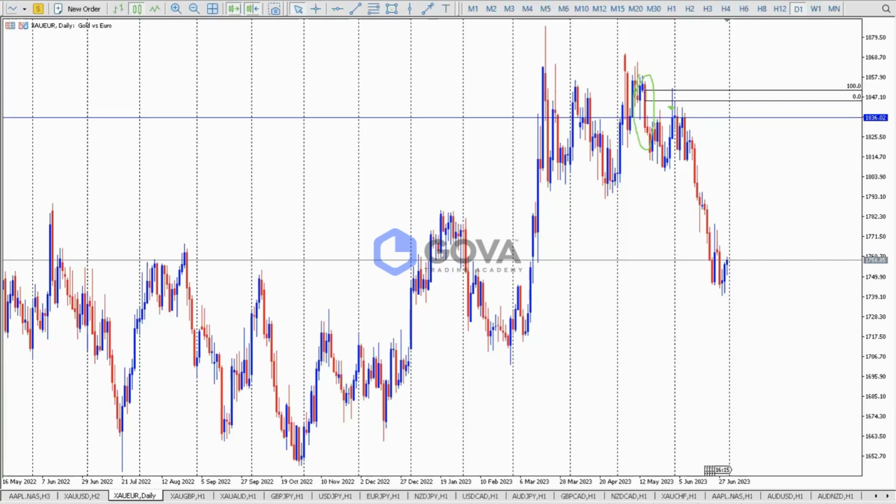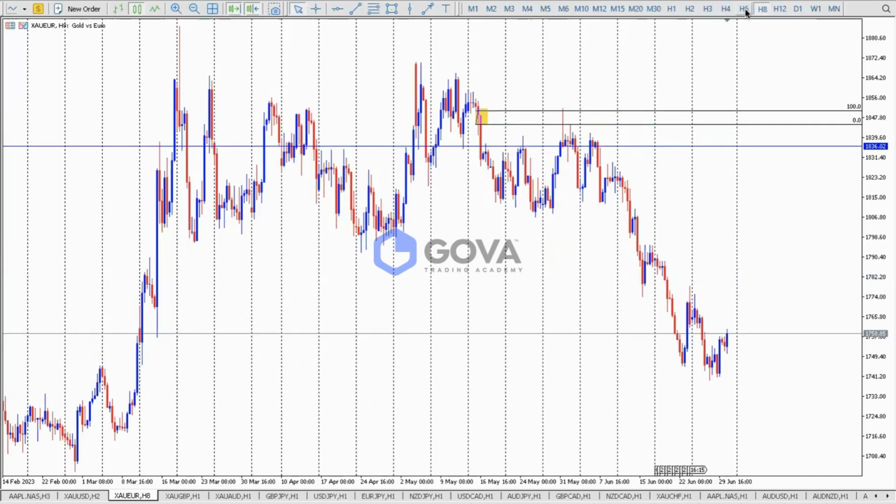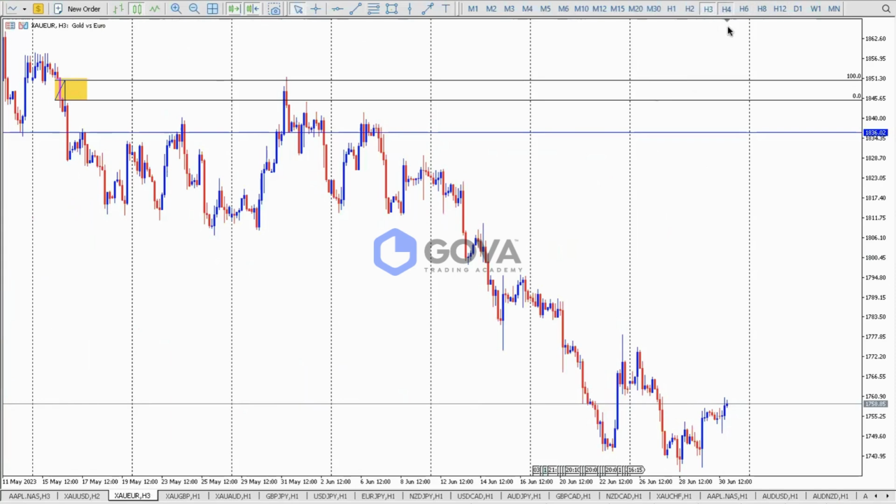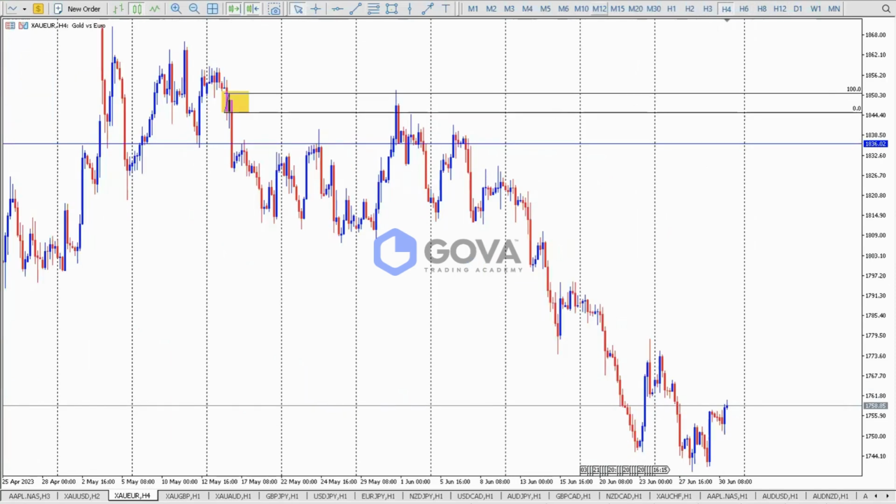So when you switch to a lower time frame, that is when you can start determining which trend that area is. You understand? You can see the trend is market has been giving us something like this. So in general, it is a downtrend.